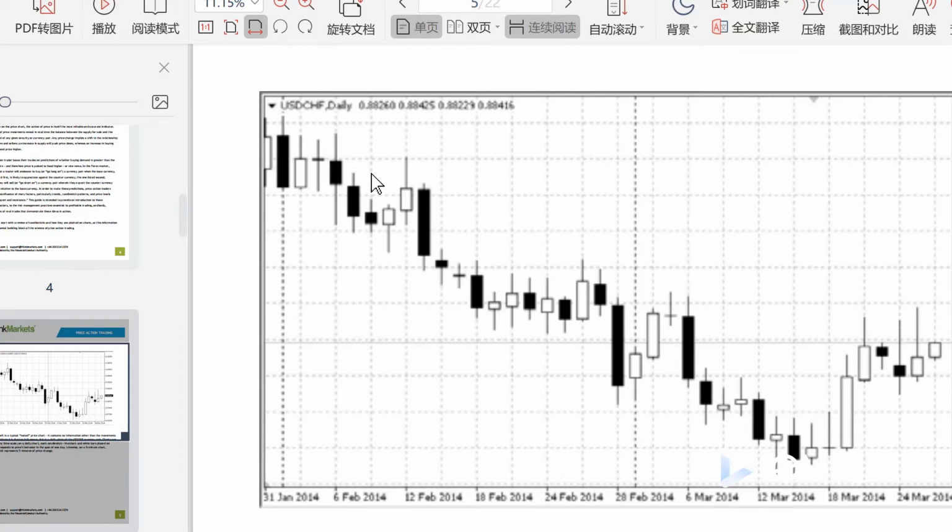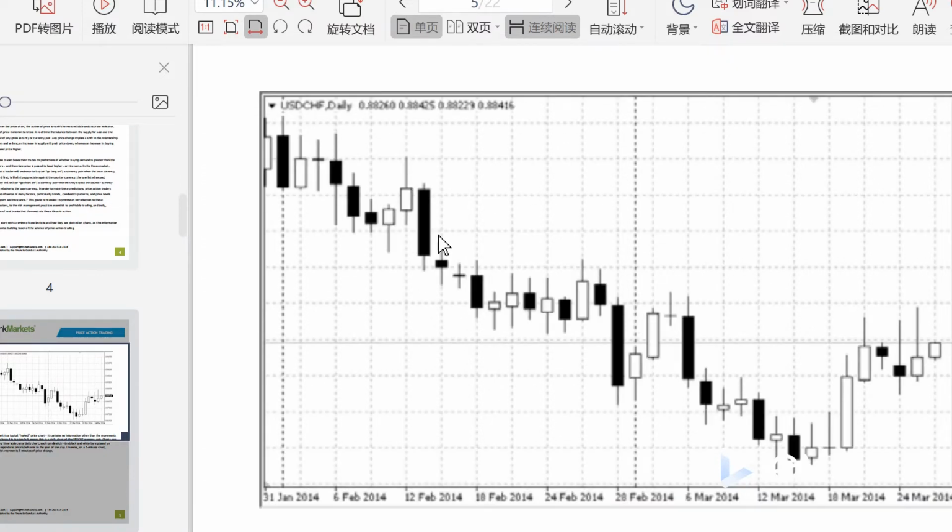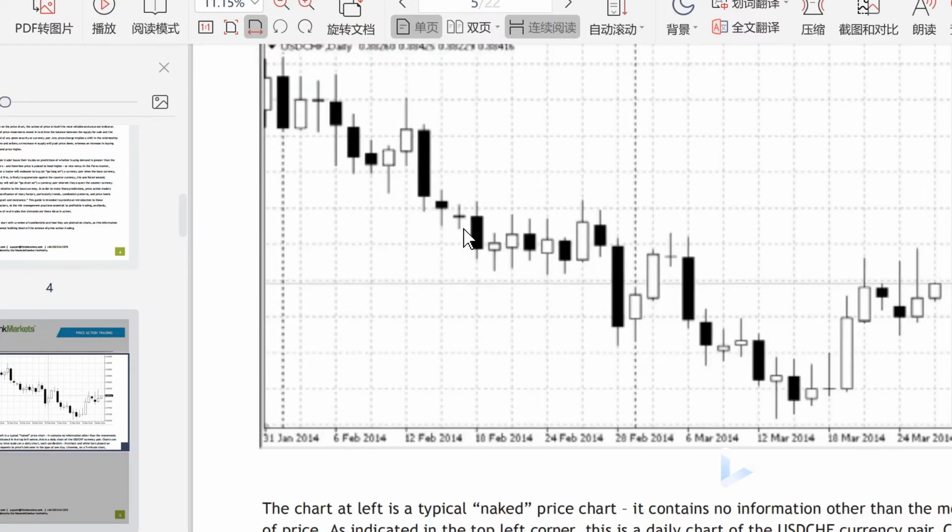There is no Bollinger Band, or maybe Fibonacci retracement, none of these difficult and complicated concepts on the chart. So that means it's naked, right? It's a naked candle chart. This is a daily chart of the dollar and Swiss franc currency pair.